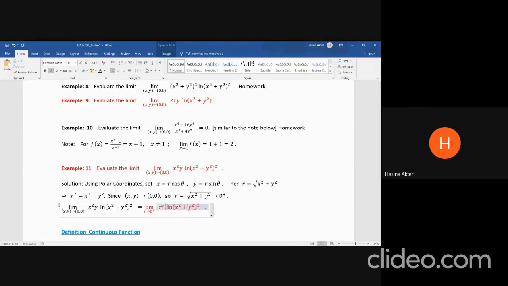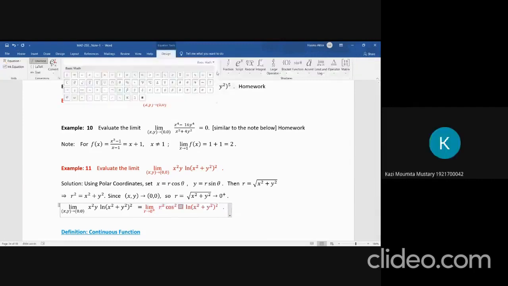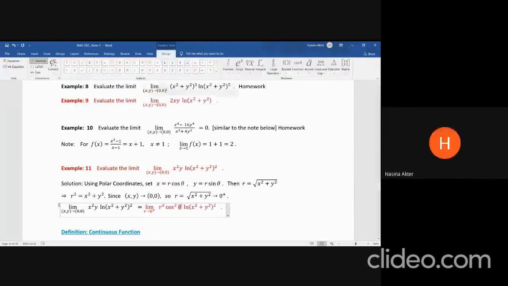So x squared means r squared cosine squared theta. Are you good, class? Yes, miss. And y is r sine theta, so I can just write y as r sine theta. And then I have natural log, and inside the natural log I have r squared. All good? Yes, miss. Okay then.